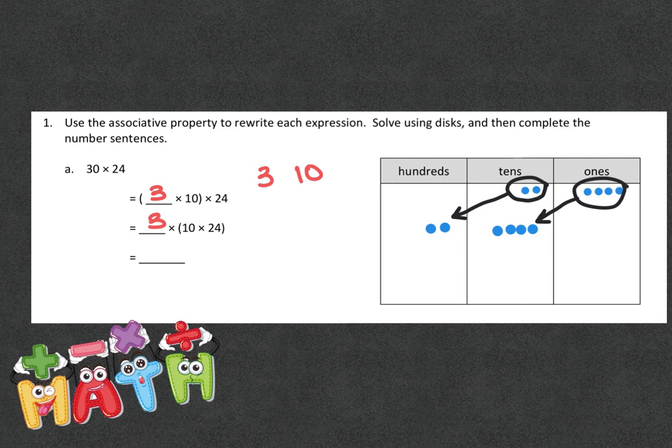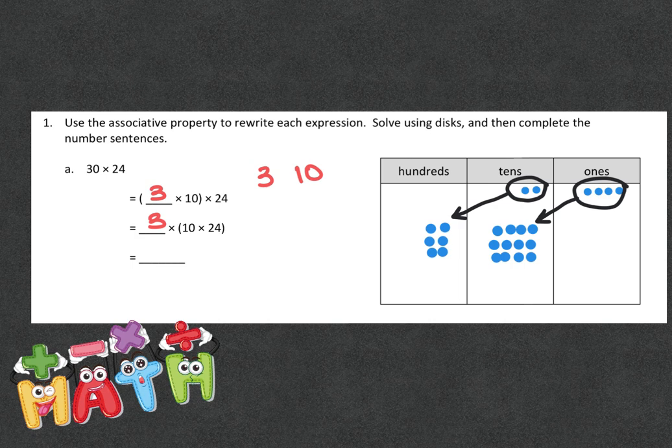Now we still need to show 3 times as many. To show this, we will add 2 more groups of hundreds and 2 more groups of tens. We now have 6 hundreds and 12 tens.